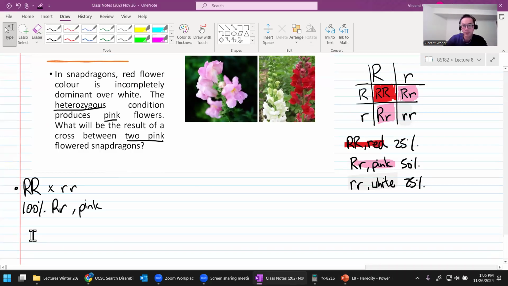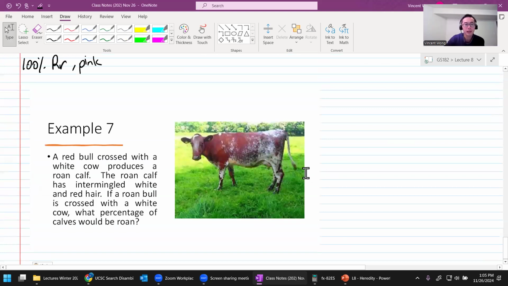All right, let's do another example. A red bull, a male cow, crossed with a white cow, the female, produces a roan calf. Calf would be a baby cow. A roan calf has intermingled white and red hair. So this would be an example of codominance.